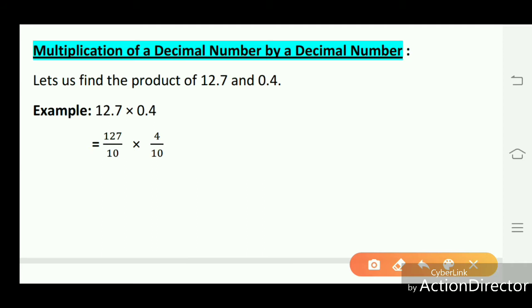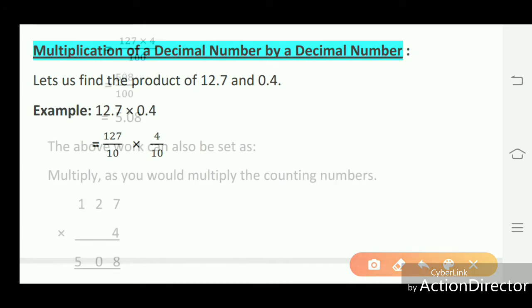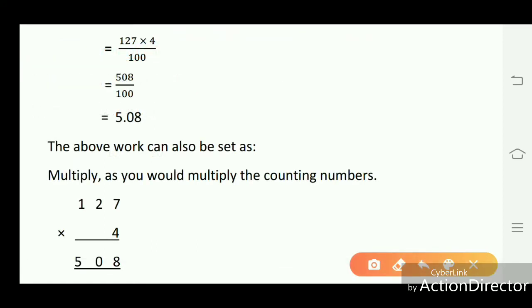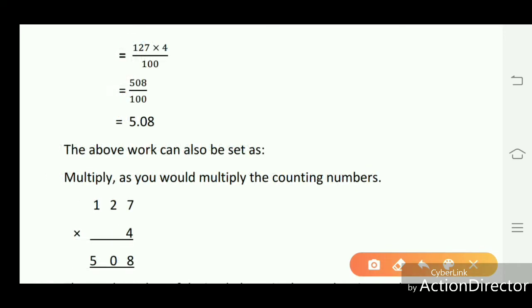So we write 127 upon 10, and 4 is in the tenths place here, so we write 4 upon 10. Now we multiply 127 by 4 upon 100. When we multiply 127 with 4, we get the product 508. We write 508 upon 100, and we write 508 upon 100 in decimal form as 5.08.